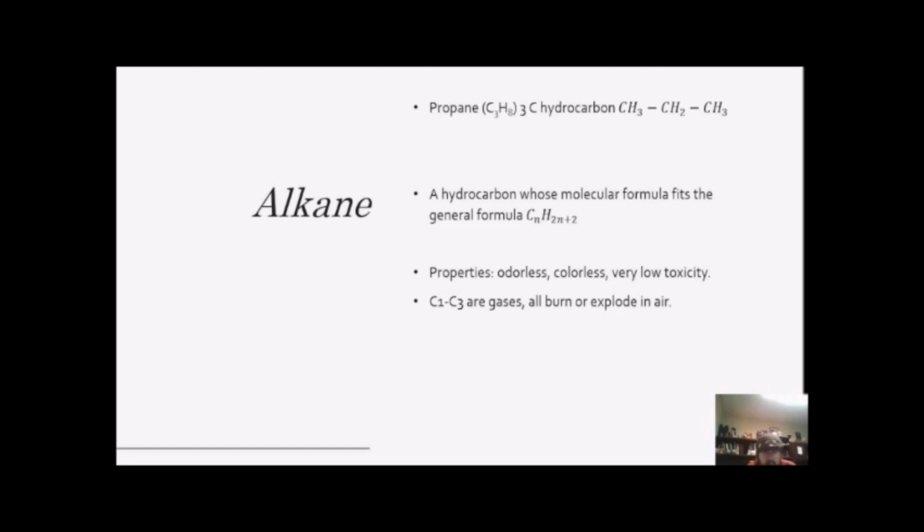Propane, you should all know, we use for grills and propane accessories. We've got butane, which we use in our lighters, and some of the heavier ones start to get into oils and gasoline territory. And some of them even get to be lubricants.